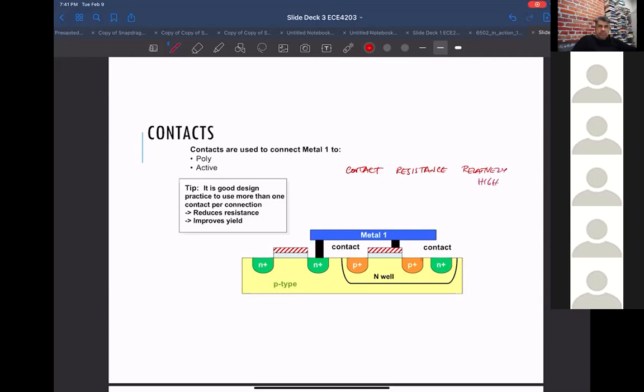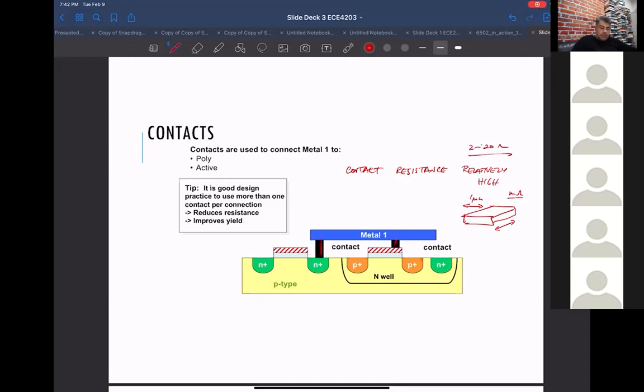It might be several ohms to several tens of ohms, but that's pretty high actually, because if you think about the resistance of a metal one line that's 1 micrometer wide and 1 micron long, it might be in the milliohms. So something that's 2 to 20 ohms, which is a contact, is a pretty high resistance.